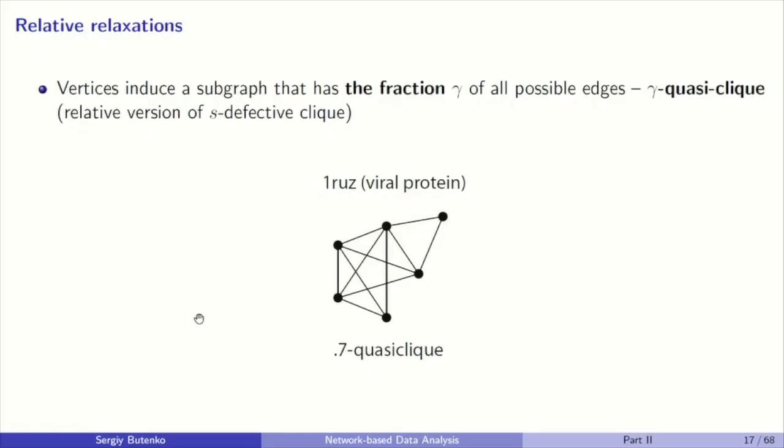Relative to the overall maximum possible density, you need to require that at least a fraction of gamma of all edges is included in your subgroup, right? So this is what we call the relative clique relaxation, where we use these parameters that express a fraction of something essentially as a part of the definition. So gamma quasi-clique is a relative clique relaxation.